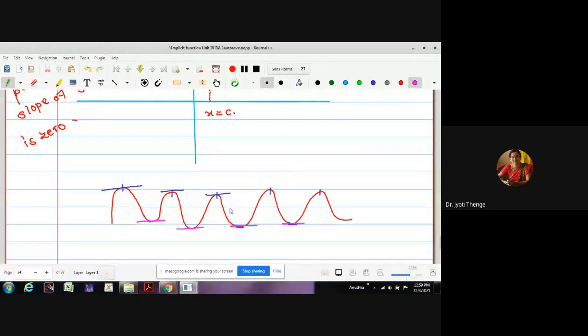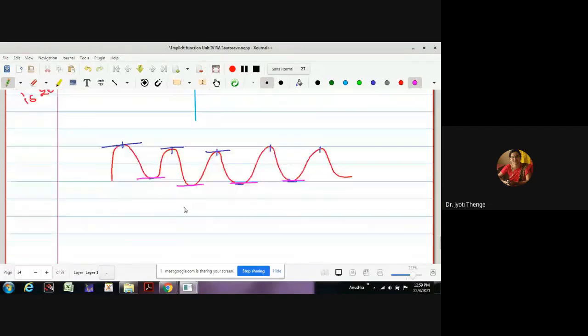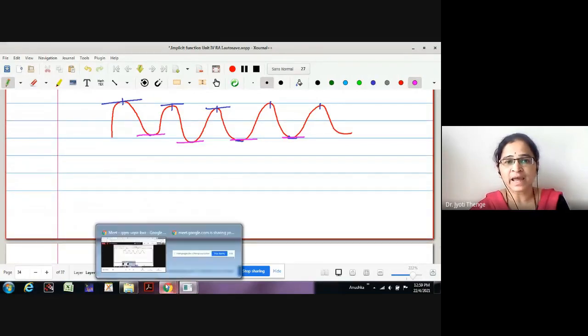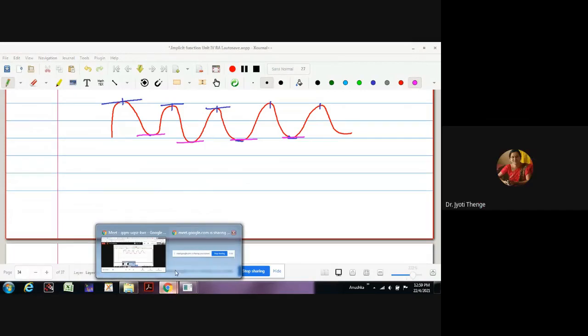But how? Again, the concept is about local extrema and global extrema. Does anyone know local extrema, global extrema? Let me share this window which I searched on Google.